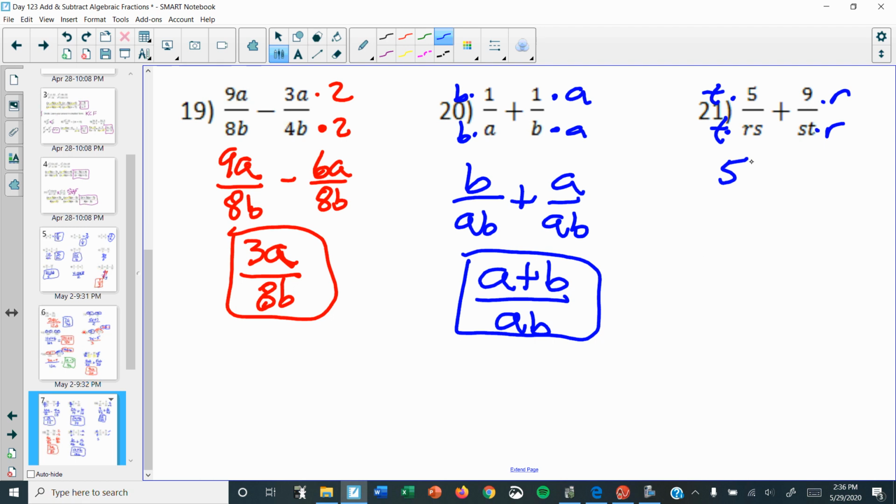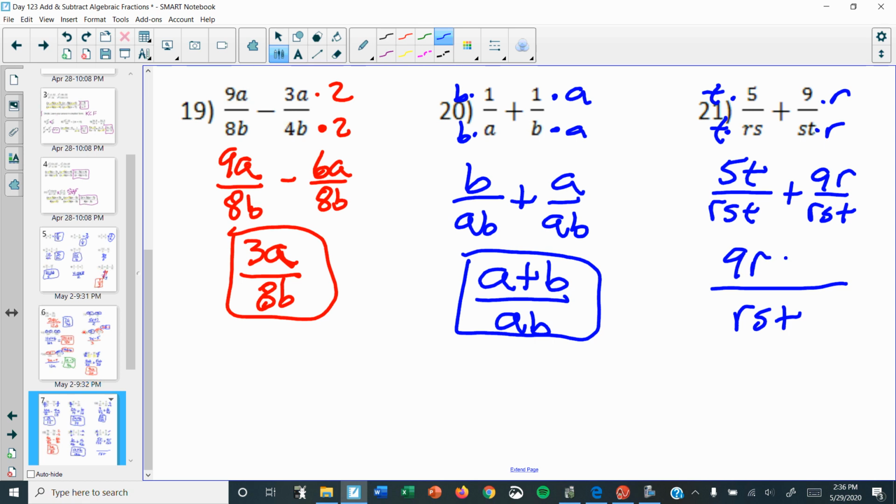So you get 5T over RST plus 9R over RST. Now that they're the same denominator, keep it the same. And again, you can put the 5t first, you can put the 9r first. It doesn't really matter. I'm going to write 9r first plus 5t. And there's your answer. You can't simplify that.